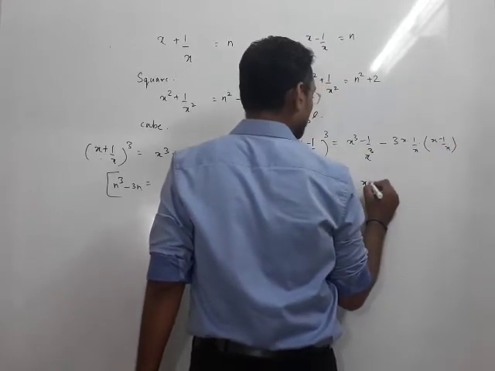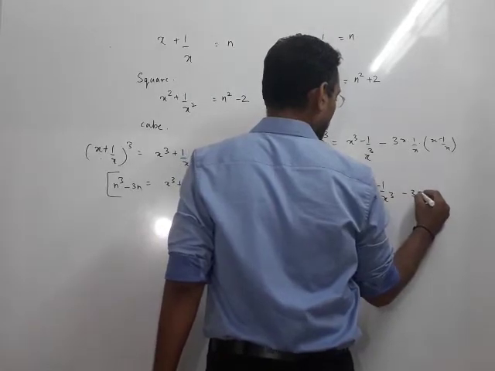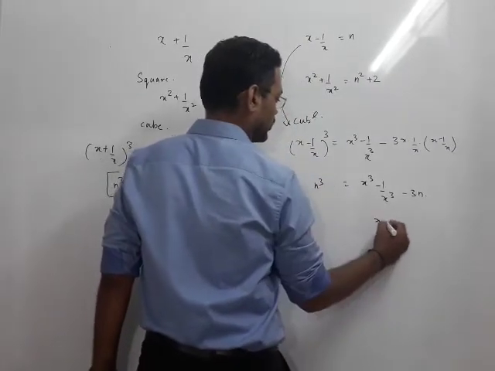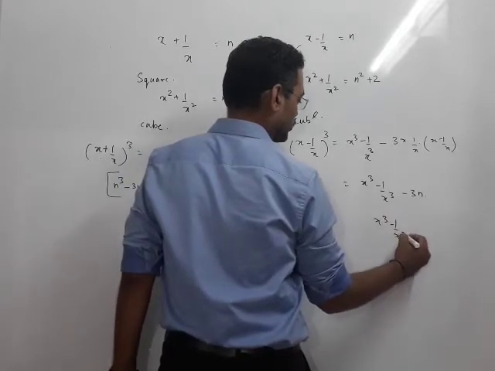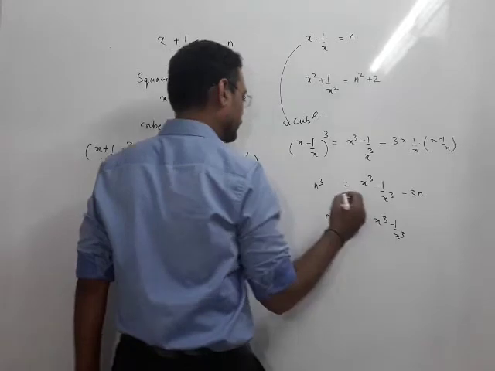So this becomes x cube minus 1 by x cube minus 3n, equal to n cube. Therefore x cube minus 1 by x cube is n cube plus 3n.